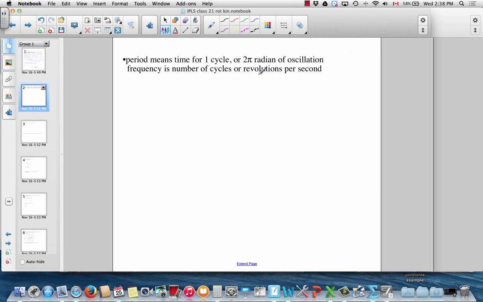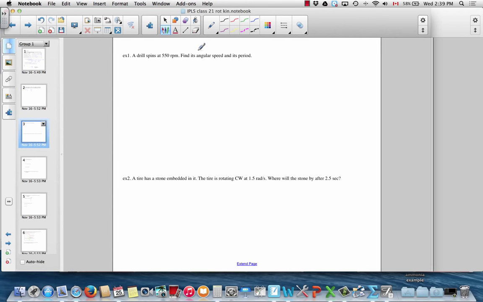Now, there's another way to measure how quickly something's rotating, and that's in terms of the period or the frequency, because we remember that both of those are related to the rate of vibration, or the angular velocity, omega. Now, here's a common unit for rotational speed, 550 RPM. R stands for revolutions per minute.